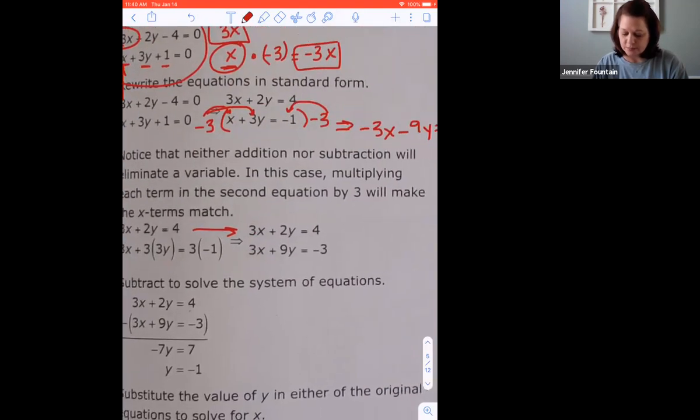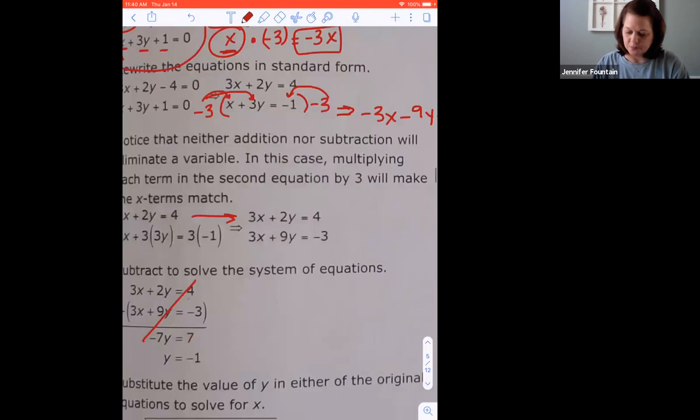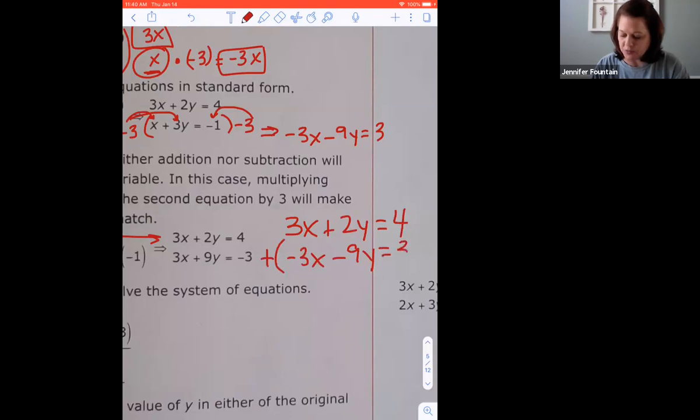Well, actually, we're going to do this a little bit different than what the book has. So we've kept our 3x plus 2y equals 4. And we're going to now add -3x minus 9y equals 3.